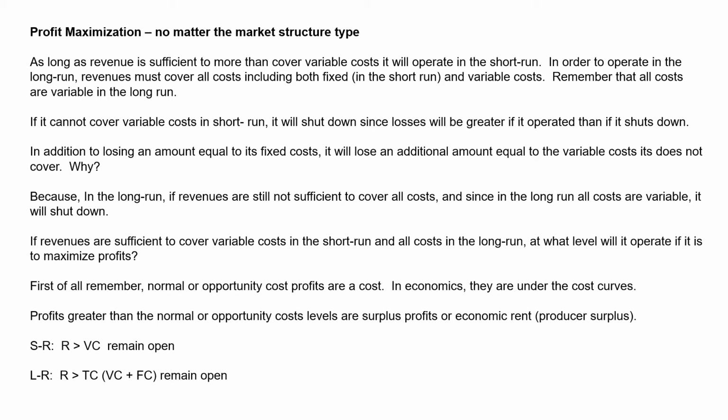So profits greater than the normal or opportunity cost levels are surplus profits, or economic rent, or producer surplus, however you want to look at it. So in the short run, if revenue is greater than variable cost, you remain open. In the long run, revenue must be greater than total cost, meaning both your variable cost and your fixed cost, in order to remain open.